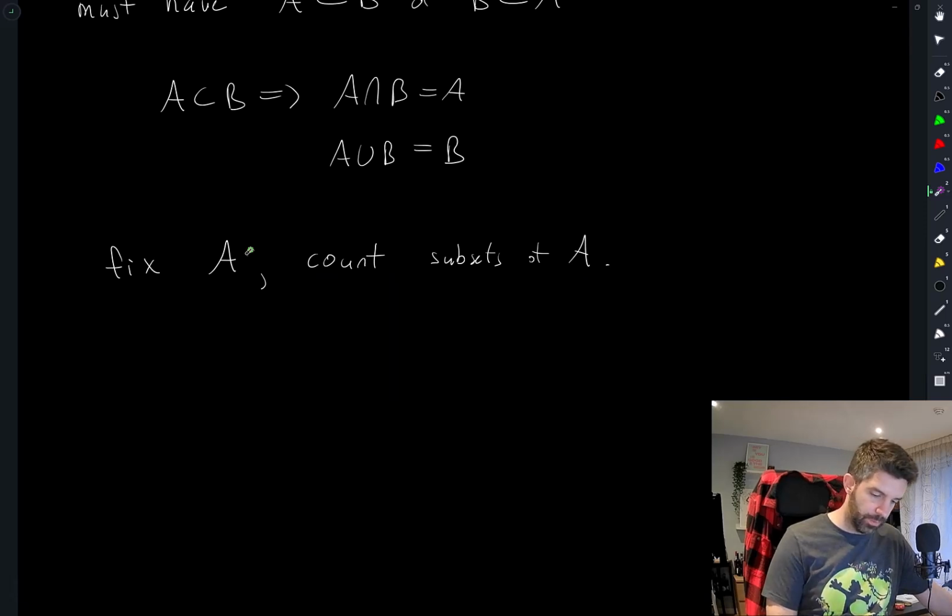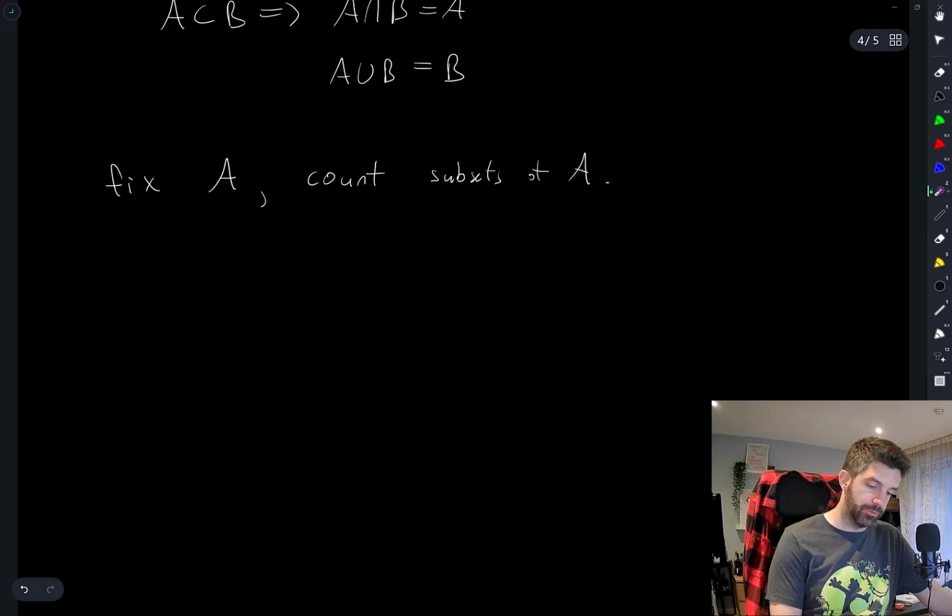That's somewhat trivial based on the cardinality of A. And then add up over all possible sets A. Then we have to do the inverse and count them up again and add them and subtract the double counts.